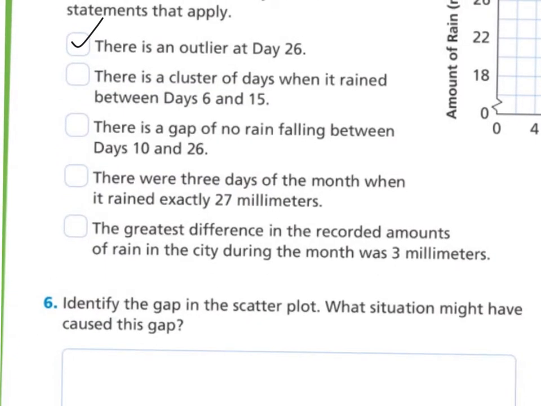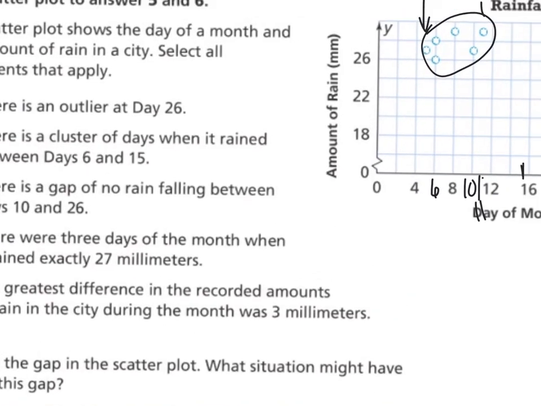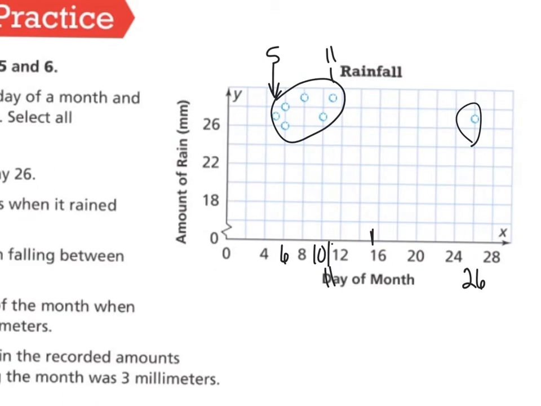There were 3 days of the month when it rained exactly 27 millimeters. So if we look at this, looking for 27, I see a 26. I don't know what I'm going by unless I look below that. So 22 and then 26. Halfway between that, that's a difference of 4, so half of that would be 2.